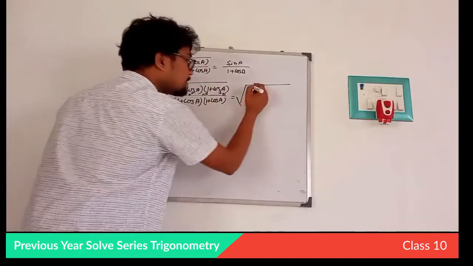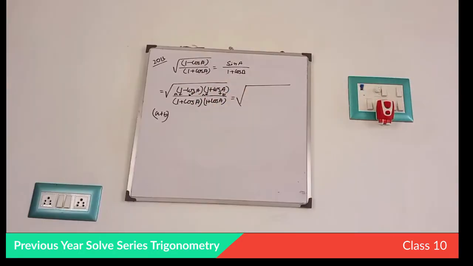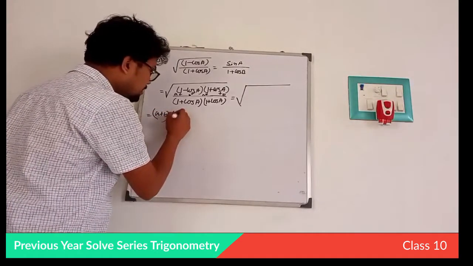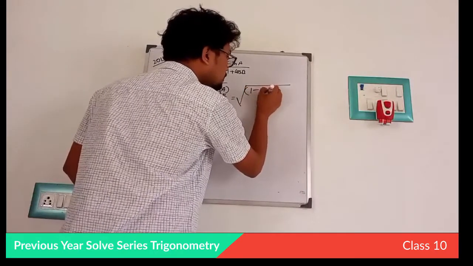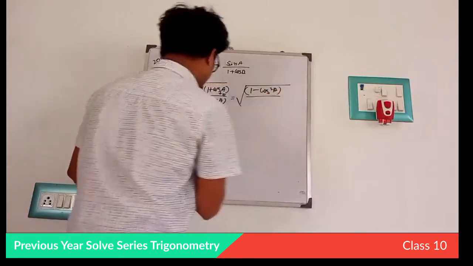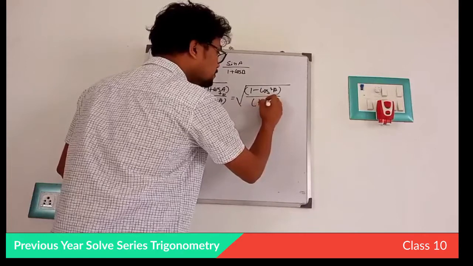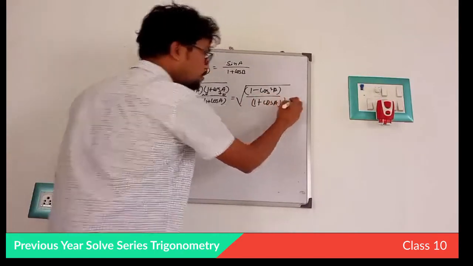So it becomes A square minus B square. So it is 1 minus cos square A by 1 plus cos A whole square.